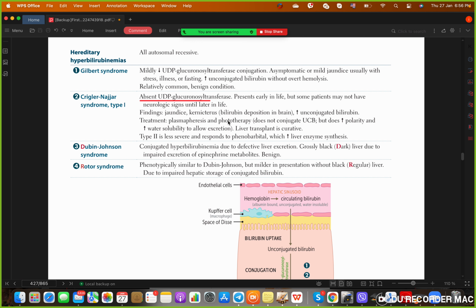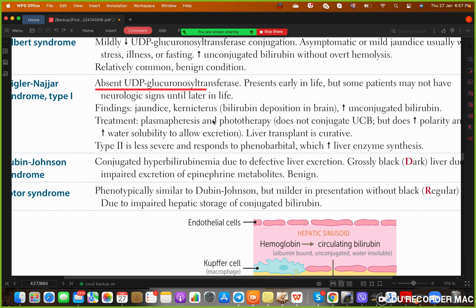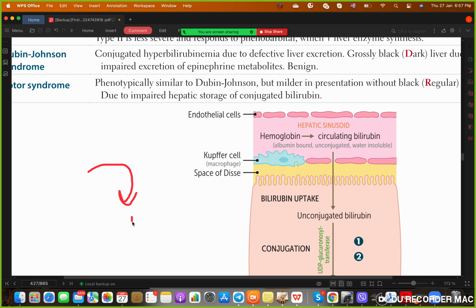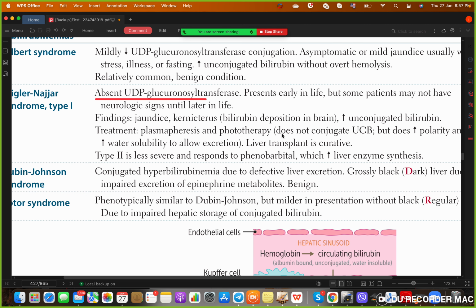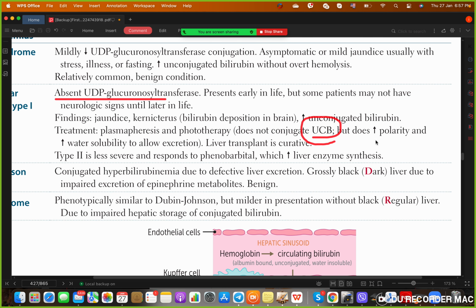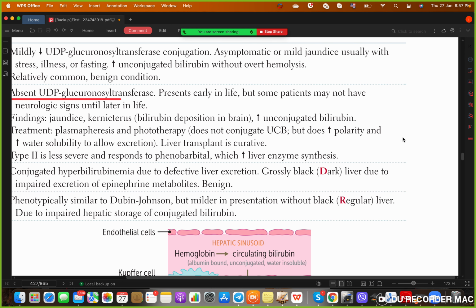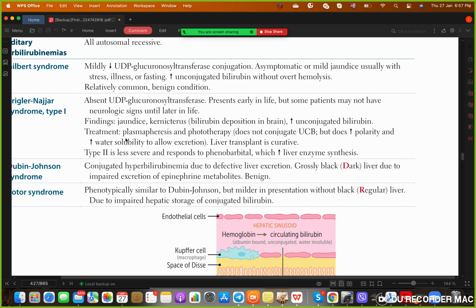You are like, wait a second, phototherapy is to conjugate the unconjugated bilirubin, but here that's not the deal. Sorry, it's not conjugating, but turning it into a water-soluble form. So the right phototherapy does not conjugate the unconjugated bilirubin, but does increase the polarity and the water solubility to allow the excretion.